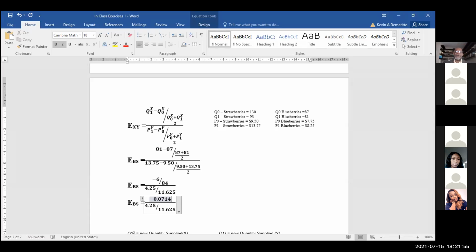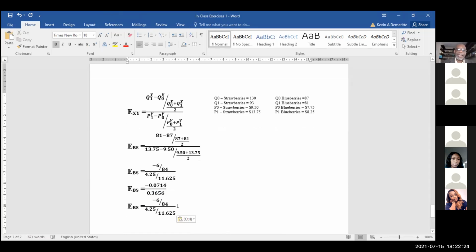So 0.0714, and 425 divided by 11.625 is 0.3656. What's after the 6? It's actually a 5. And after the 5 is a 9. So 0.3656.